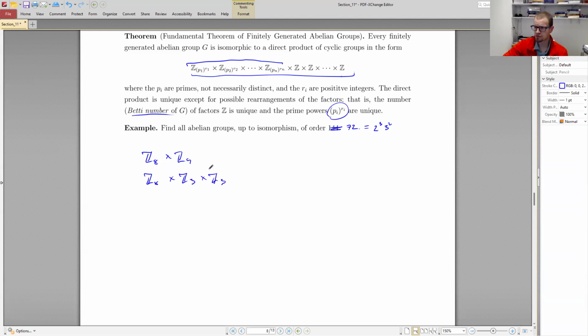So that's the same, prime to power, no issue there. I can write 8 as 2 times 4, so Z2 direct product with Z4. And then I can do Z9 or Z3 direct product Z3 again.